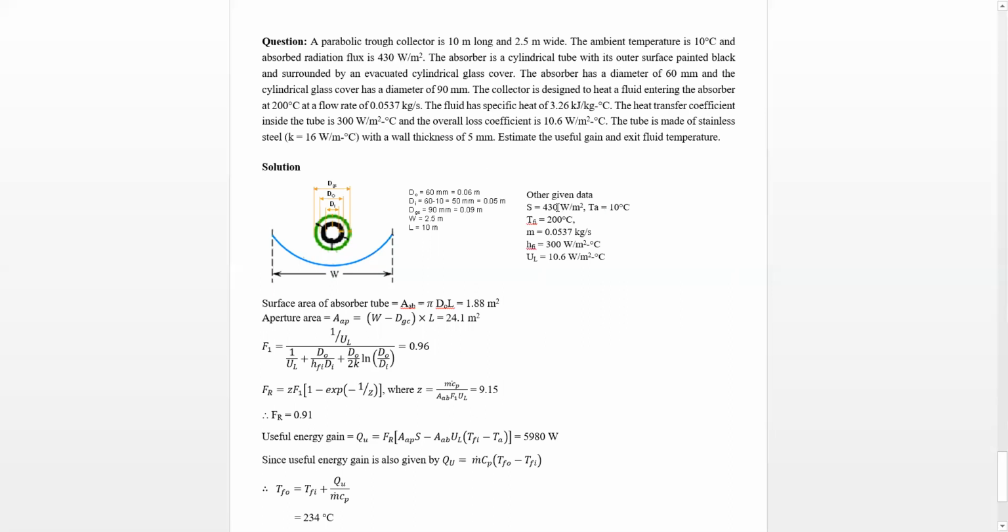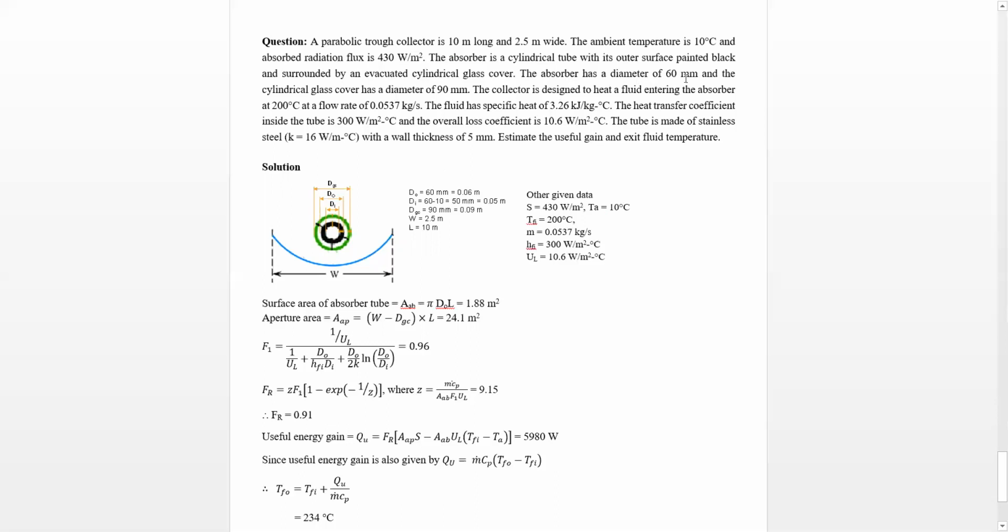Again, it is 430 watt of energy absorbed per effective aperture area. The absorber is a cylindrical tube with its outer surface painted black and surrounded by an evacuated cylindrical glass cover. Here you can see the outside surface is painted black and surrounded by a glass envelope, shown in green color. The absorber has a diameter of 60 mm and the cylindrical glass cover has a diameter of 90 mm.